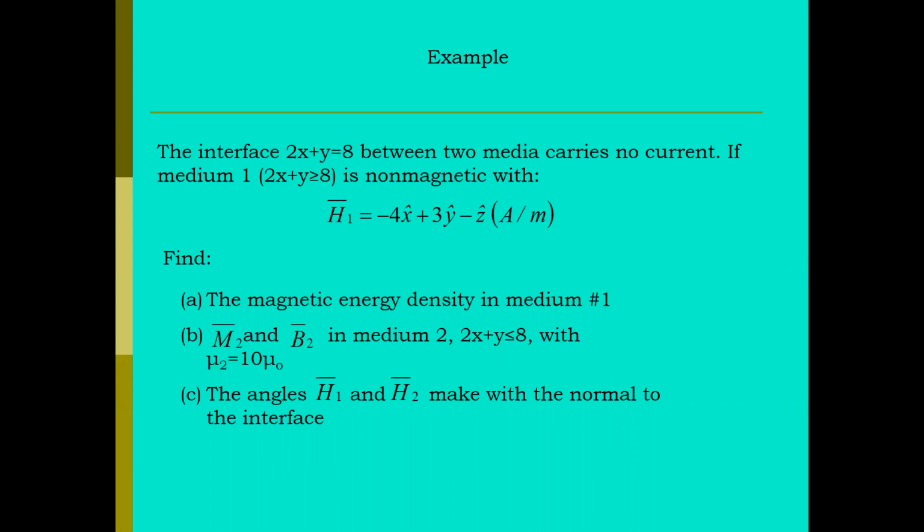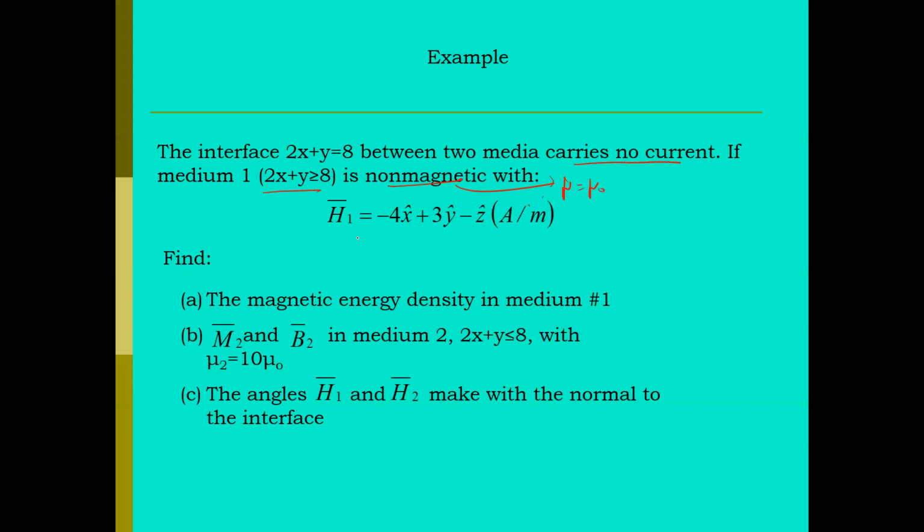For the first example, we are given the interface 2x plus y equals 8 between two media, which carries no current. If medium 1, which is the region of 2x plus y bigger than 8, is non-magnetic, that means the permeability equals mu naught, because mu r equals 1.